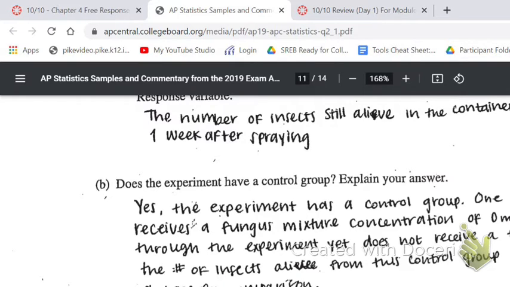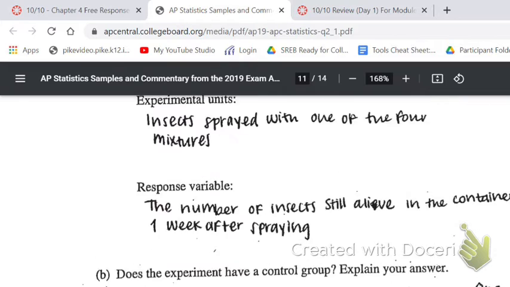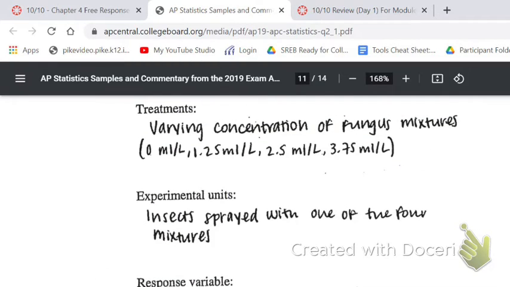Yes. Not being sprayed with a mixture is one of the identified treatment conditions. Right up here, they identified the treatments. 0 milliliters per liter was one of the potential treatments. Treatment does not necessarily mean that you have to do something to it. Sometimes the treatment is that you just leave it alone.